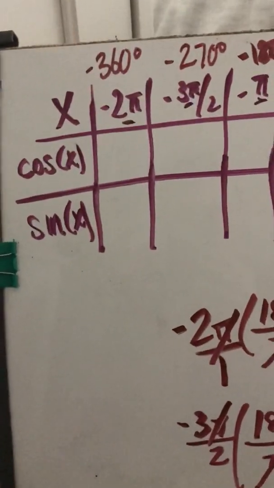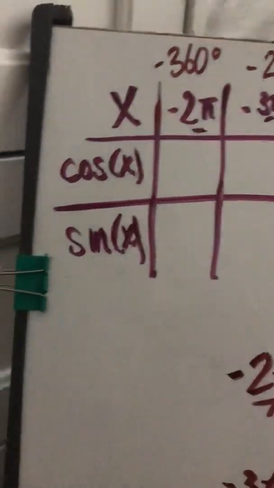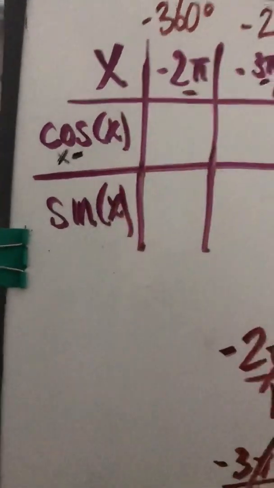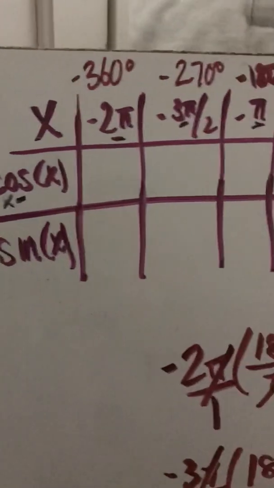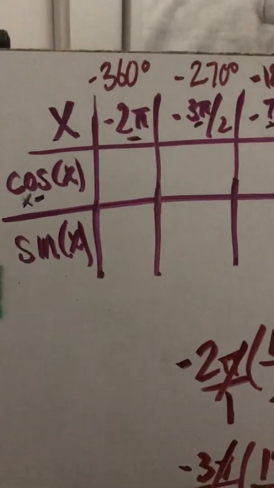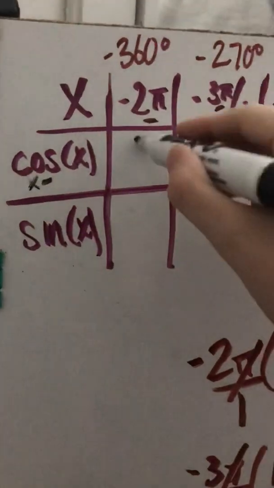And now I'm asking you for your solutions. So cosine, recall here, cosine is talking about your x values on the graph. So if I'm looking at negative 360 degrees, I want to know the x value there. Well, you can look at your unit circle, you can do the math, but I know that it's going to give me 1.